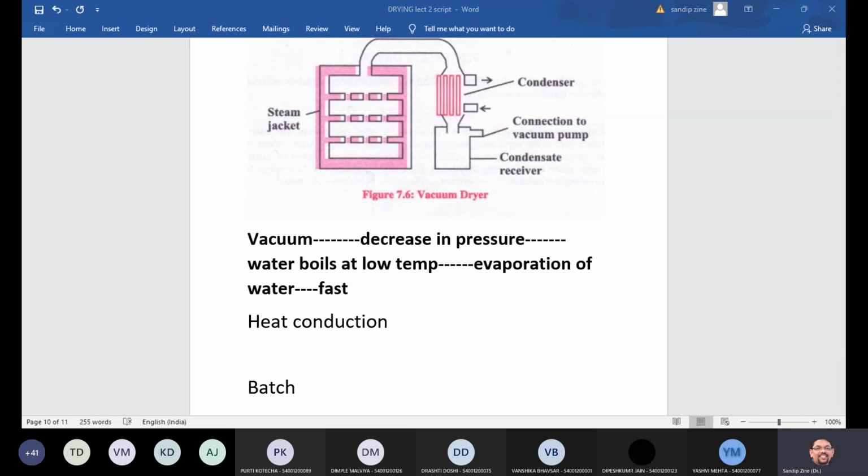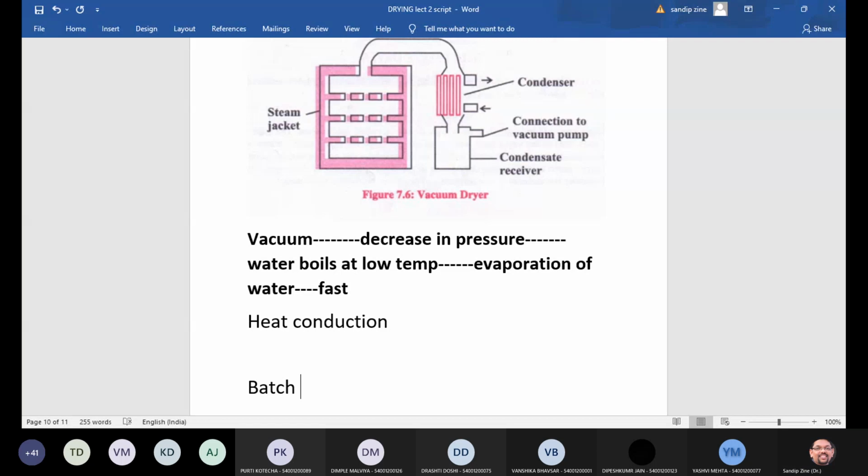Then it has a low efficiency, it is more expensive, labor cost is high, it needs high maintenance, and there is a danger of overheating due to the vacuum, because here the connection is directly to the vacuum pump. So there are high chances of overheating, isn't it?